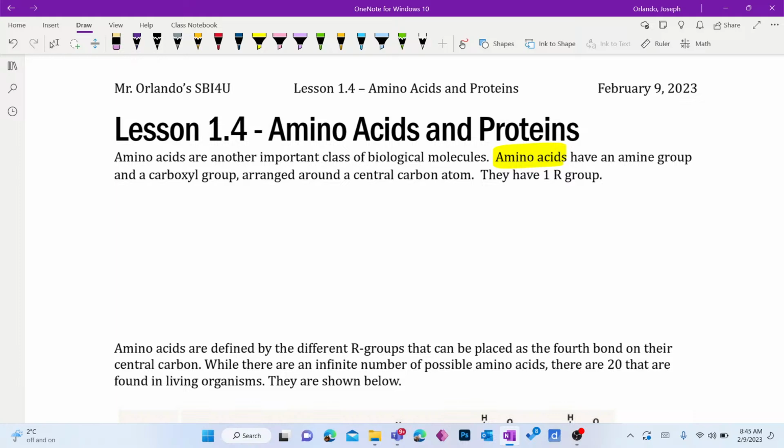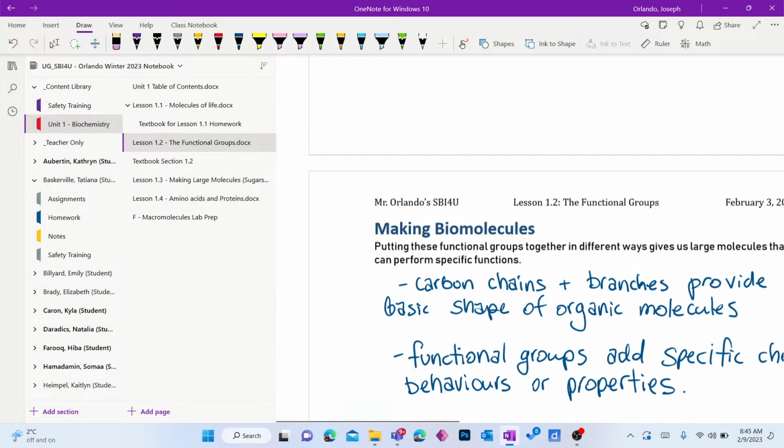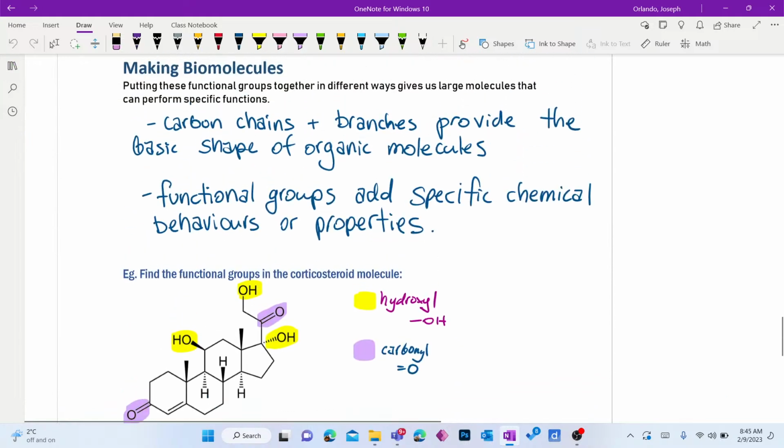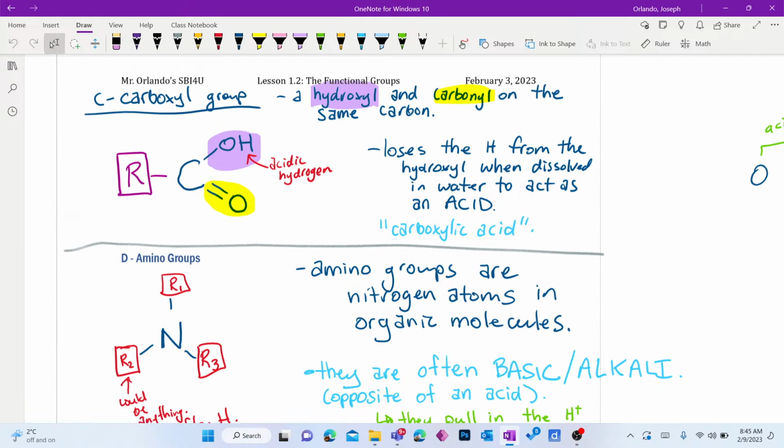How's that work? If we look at our functional groups, we saw that amine groups are basic. And yet we're told here this is an amino acid. What might we be looking at here?